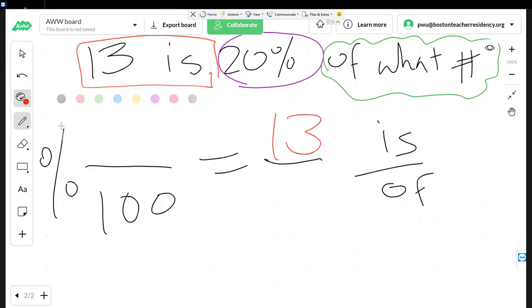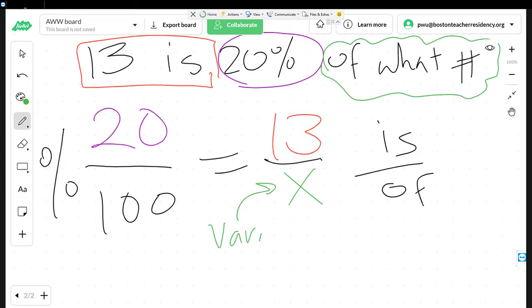Our percent is over on the left, as we already figured out. 20% means 20 out of 100, so our 20 goes up here. And finally, we have of what number. So it's a number we don't know, and that's where we talked in class about using x, our variable. A variable just stands for a number that we don't know yet.